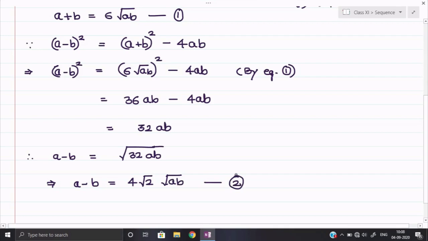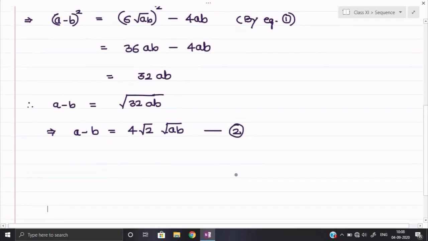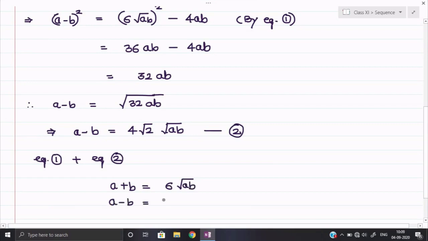Now let us add both the equations, equation 1 and equation 2. What is equation 1 here? a plus b is equal to 6 times under root of ab, and a minus b is equal to 4 under root of 2 under root of ab.